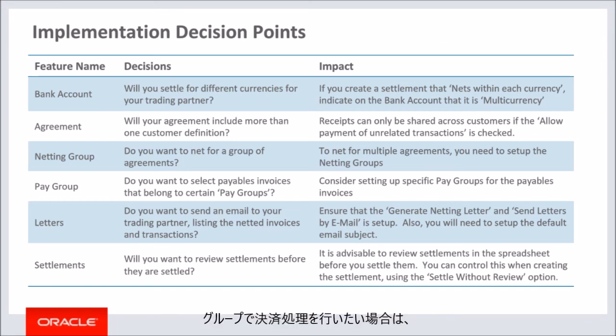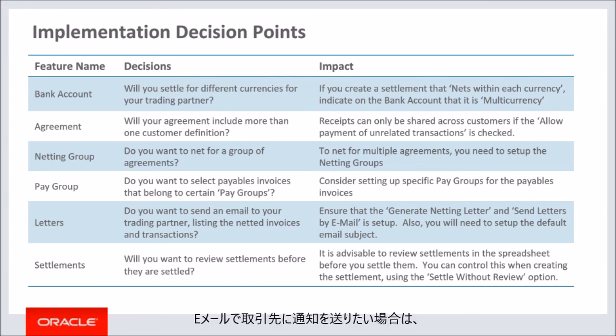If you want to process settlements in a group, then you can set up a netting group, which will run settlements for each agreement that belong to the netting group. If you wish to further restrict the types of invoices and payables to select, you can set up a separate pay group for netting.